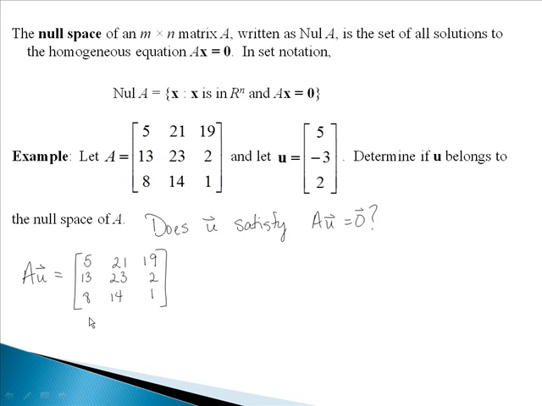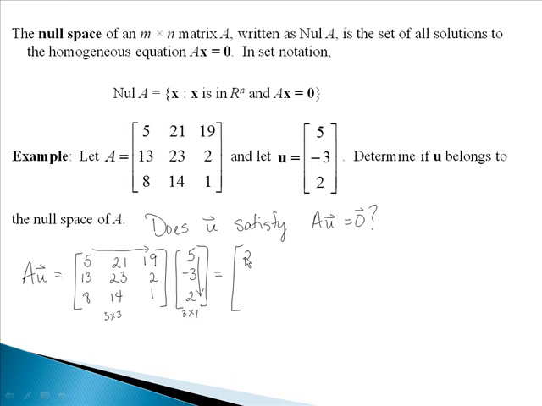So here is my matrix A, and here's my vector u. Remember, when we multiply, we go across and then down. So I'm going to multiply 5 times 5 plus 21 times negative 3 plus 19 times 2. This is a 3 by 3 and u was a 3 by 1, so our answer should be a 3 by 1, and we're wanting to get 0.